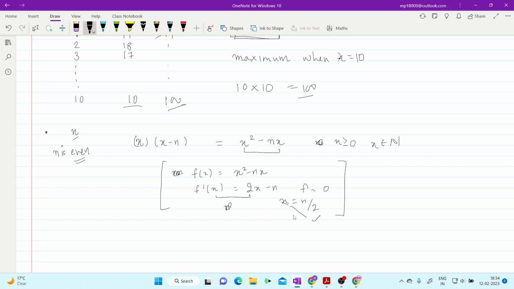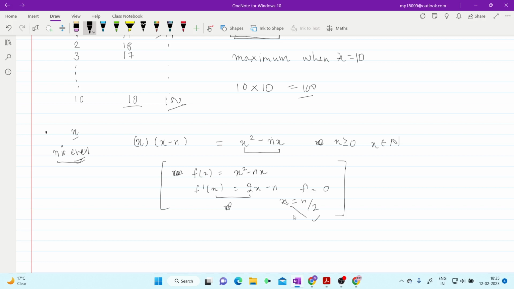No, it is... Yeah, x, sorry, is n by 2, no? Yeah. Then it is n square by 4. The edges will be n square by 4. Oh, yeah, n by 2 and into n by 2.